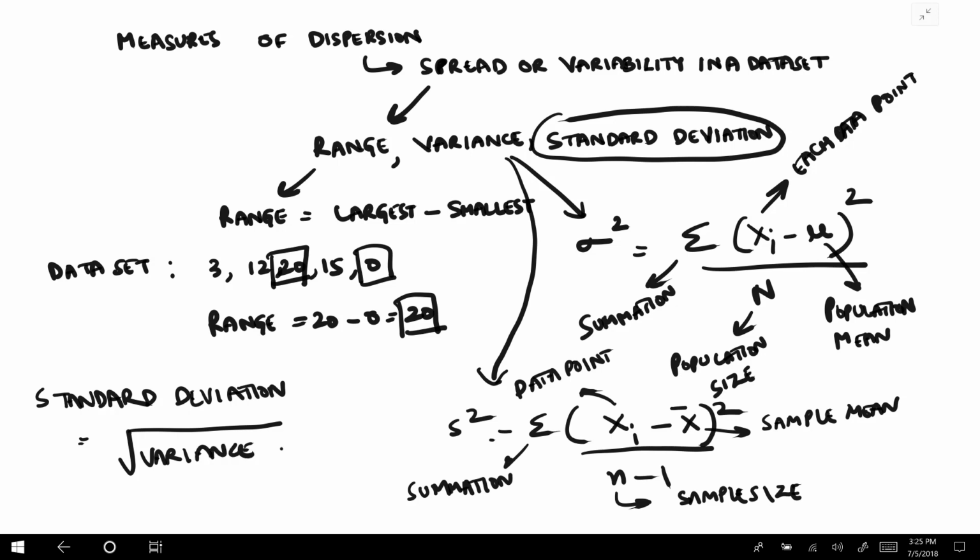So that means if I do square root of sigma square, which is for population, it would be sigma.